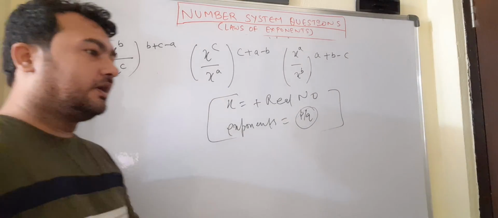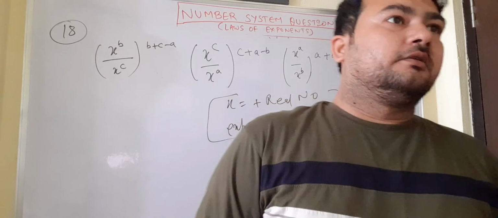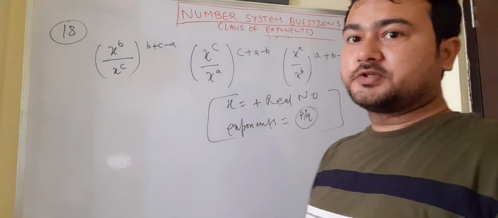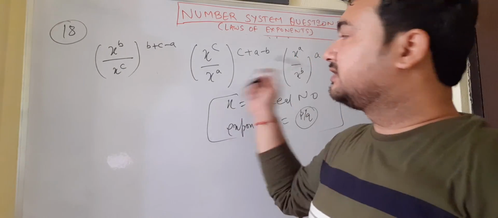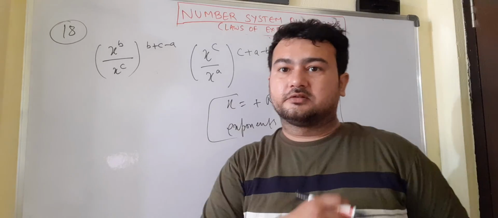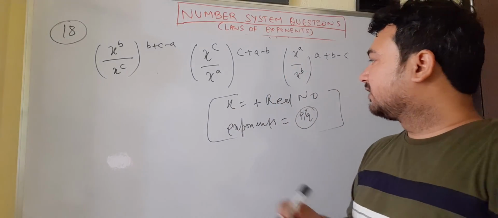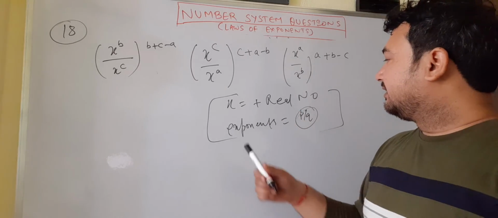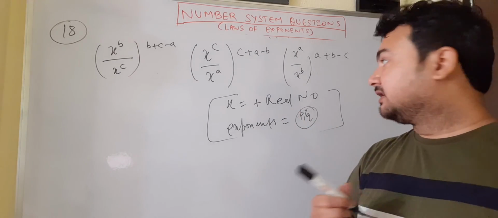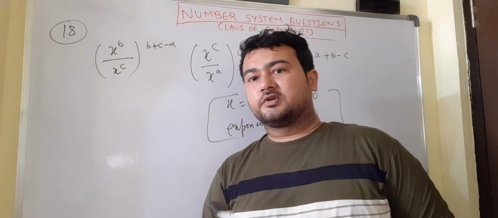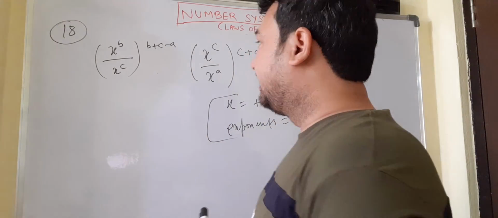While I was giving you the class on laws of exponents, I told you these laws are applicable when x is a real number and the exponents are rational numbers. In this case, laws of exponents can be applied.